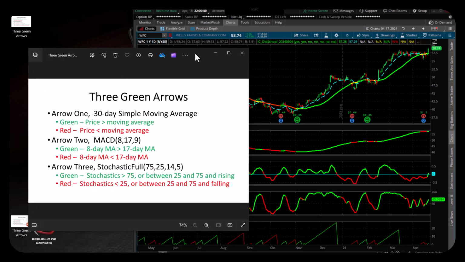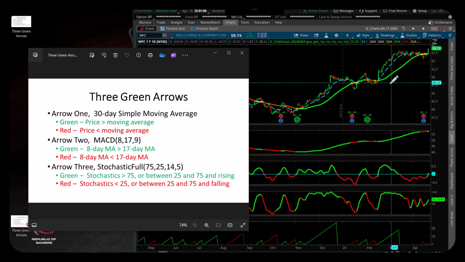In a nutshell, for the simple moving average, if the price is greater than the moving average, then it gets a green arrow, and if it's less than the moving average, it gets a red arrow.